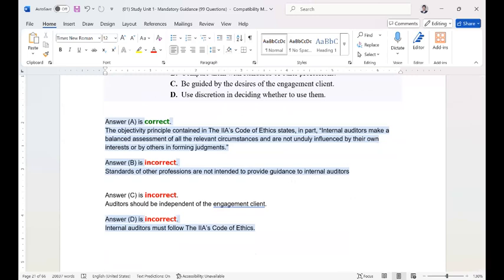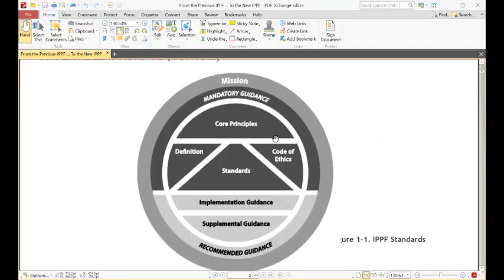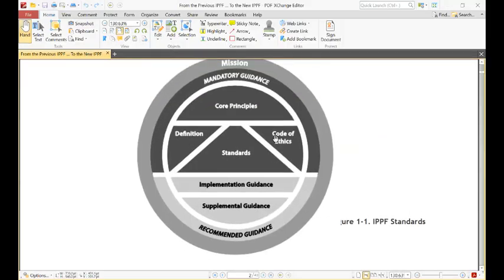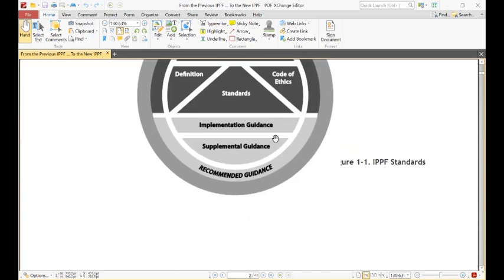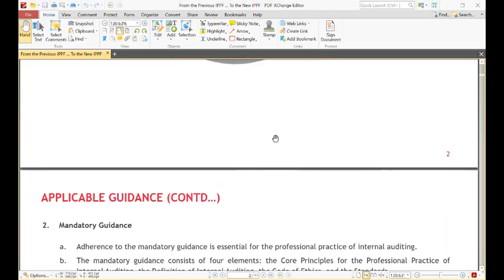You just give me a second. Implementation guidance and supplemental guidance are all recommended. They are not mandatory.